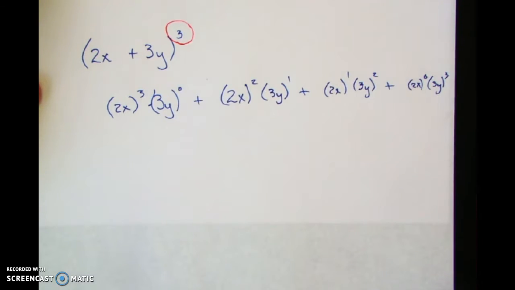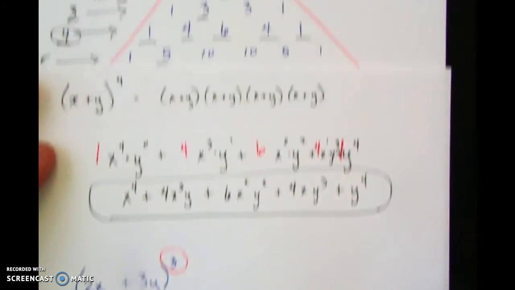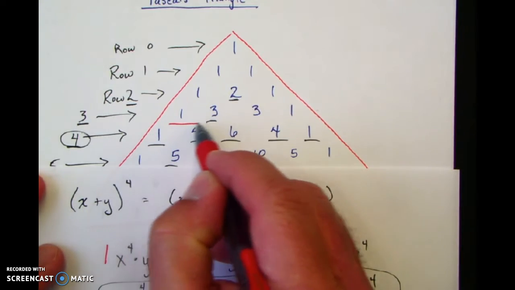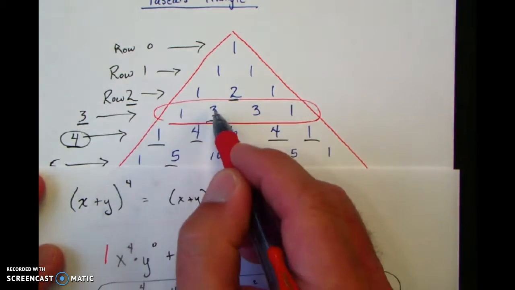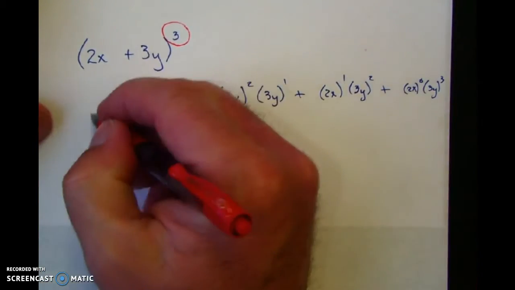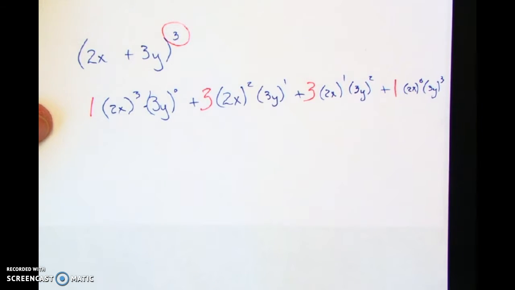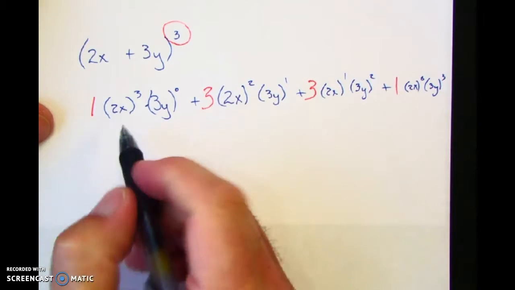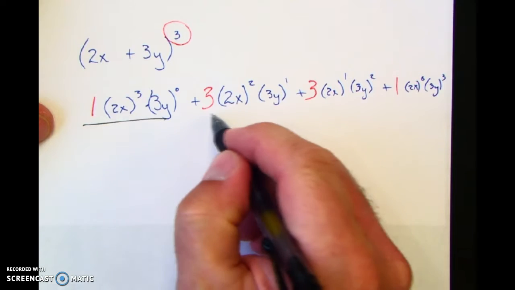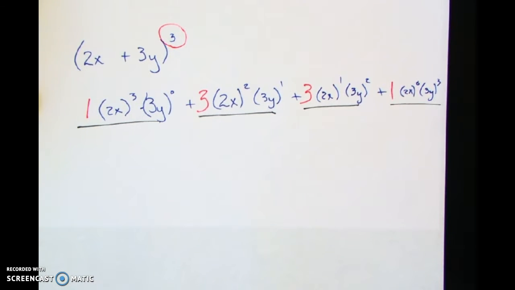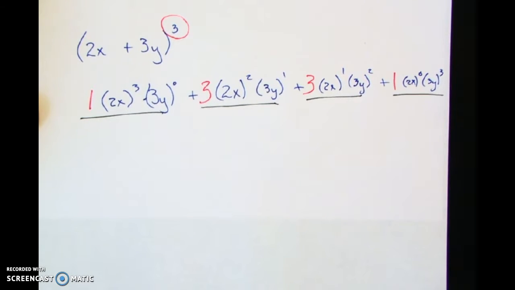Here we have our exponent is cubed, so I'm going to go to row 3, and I can see my coefficients going across here. I have a 1, 3, 3, 1, and so when I go back down here to my problem, it's a 1, 3, 3, 1. When we look at the 4 separate pieces of this, here's my first term, second term, third term, fourth term, and now we would just simplify from there.